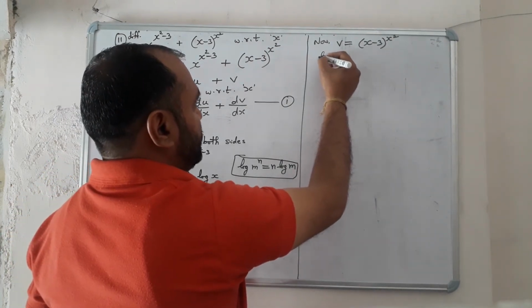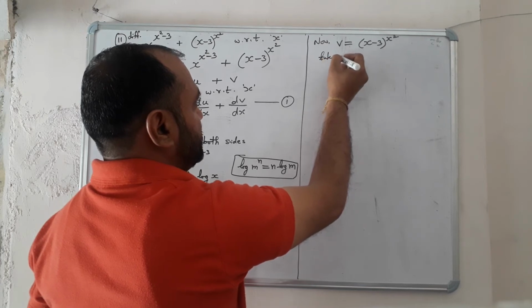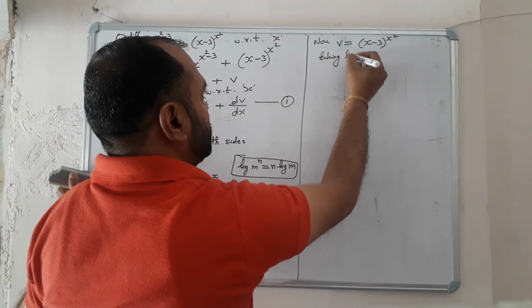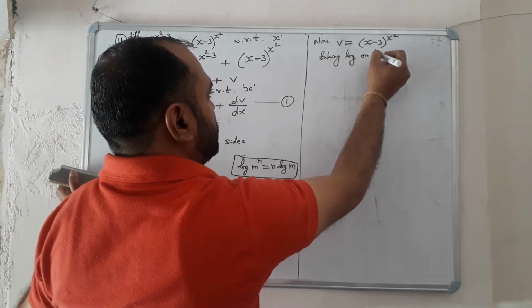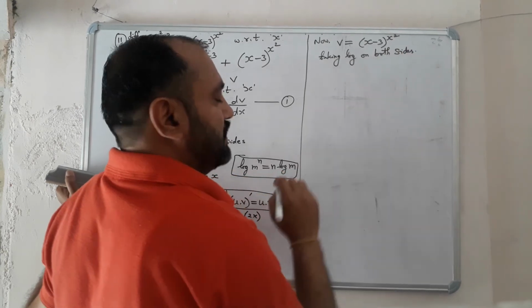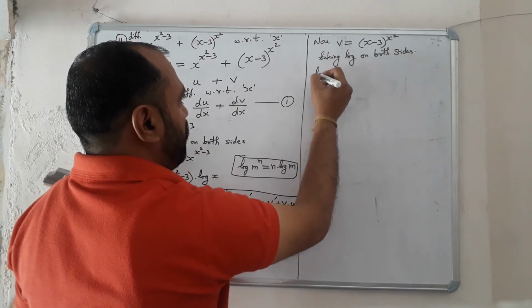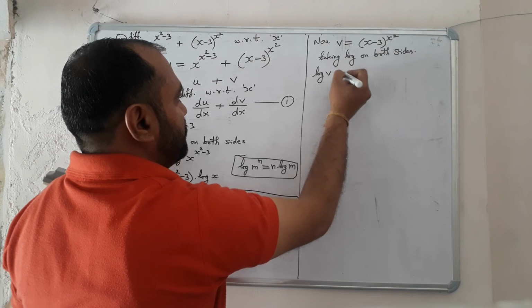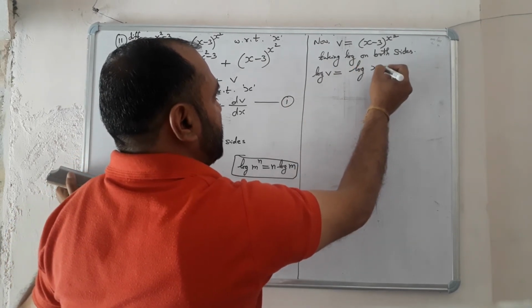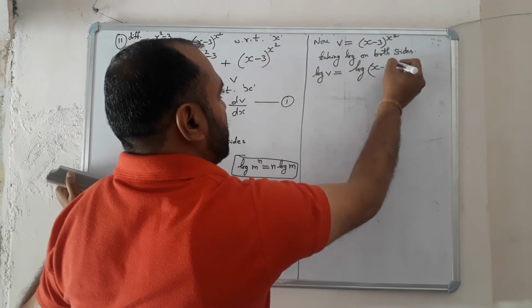So when you are taking log on both sides, we get log v is equal to log of x minus 3 raised to the power x square.